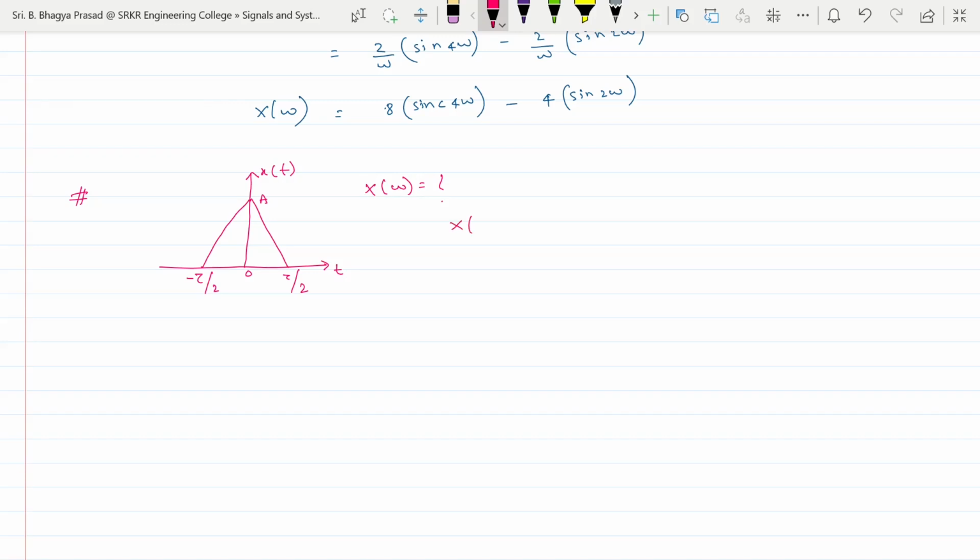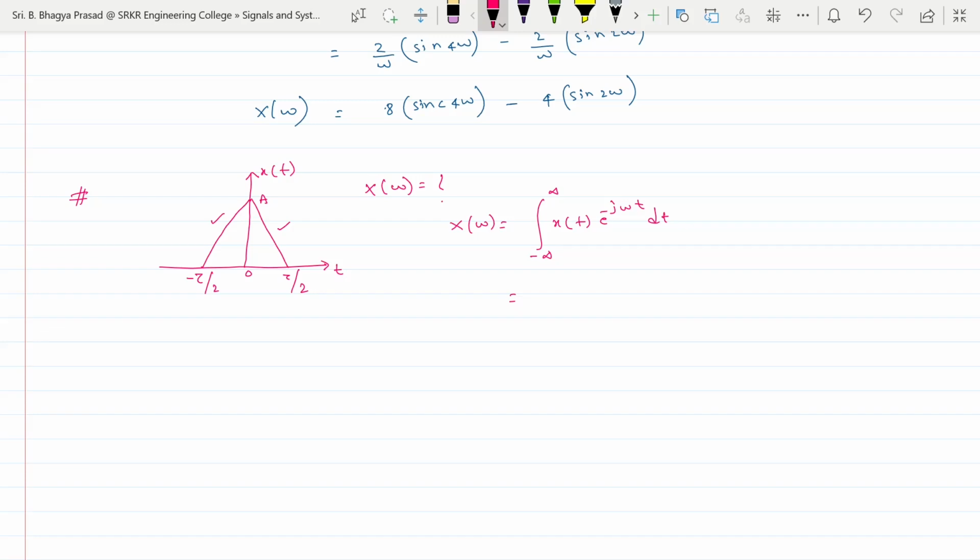In general, the Fourier transform we can perform by using the traditional equation, integral of x of t e power minus j omega t dt from minus infinity to infinity. So you can write the line equations of this one and this one in the durations of minus tau by 2 to 0 and 0 to tau by 2.